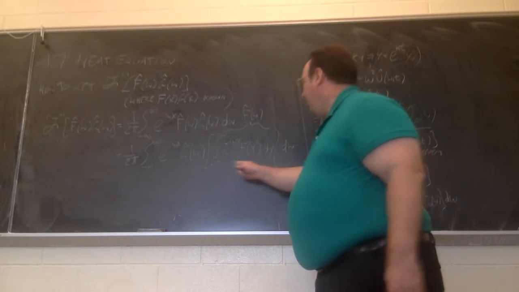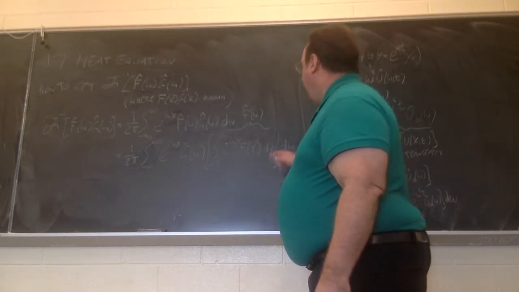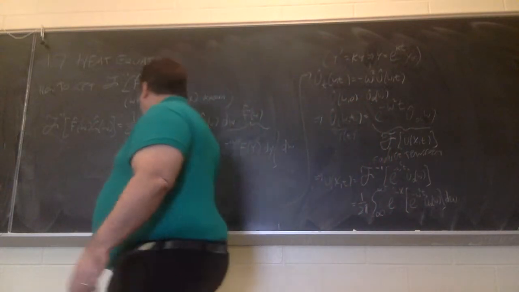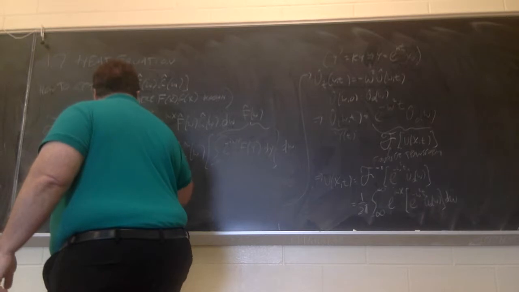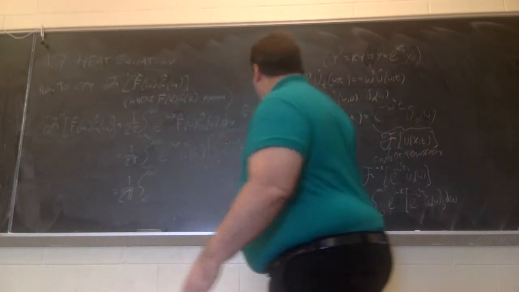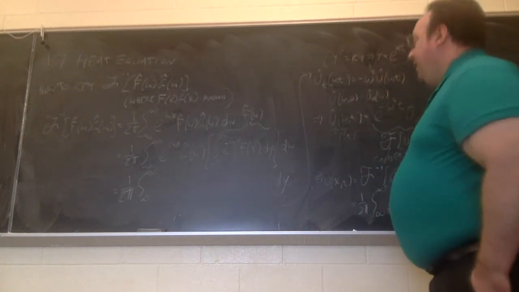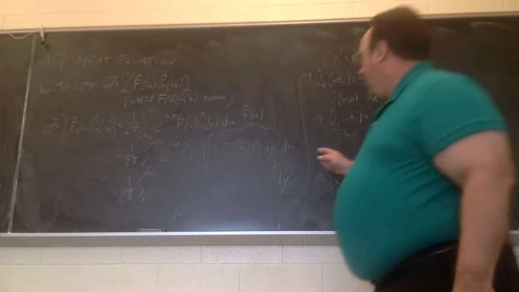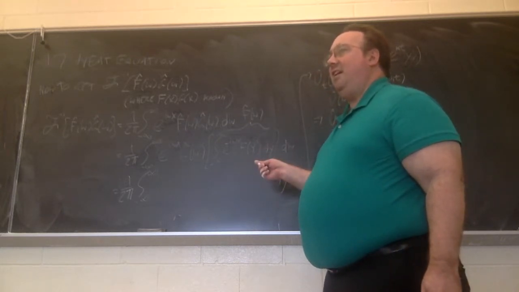Because what I'm going to do is I'm going to have an integral with respect to y on the outside and omega on the inside. So I go ahead and do that. I go from minus infinity to infinity. So I'll have dy out here. So the thing is, I can have the integral with respect to omega inside now.